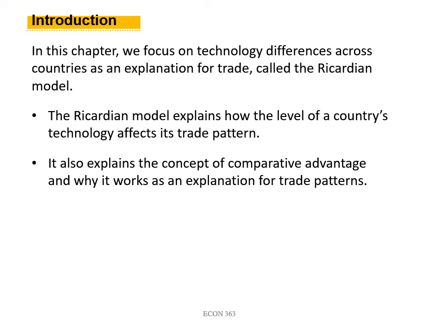So the Ricardian model is really focusing on technology differences, and that's the origin of the concept of comparative advantage, and that was the idea of Ricardo when he first formulated this idea. Now we have to be very careful when we say technology differences.